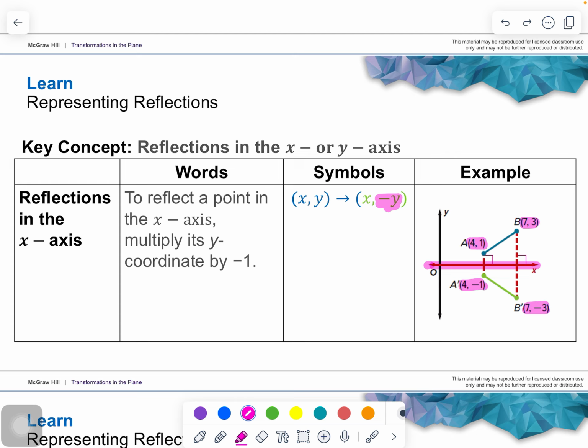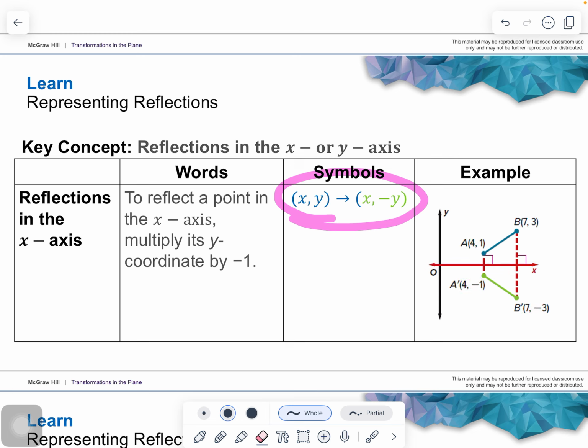So you're going to change the y, change the sign of the y. So this is the key concept. If we're going to reflect in the x-axis, change the y sign. This is worth keeping in mind.